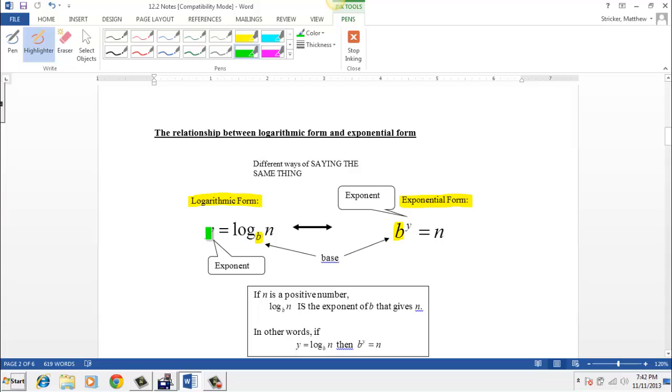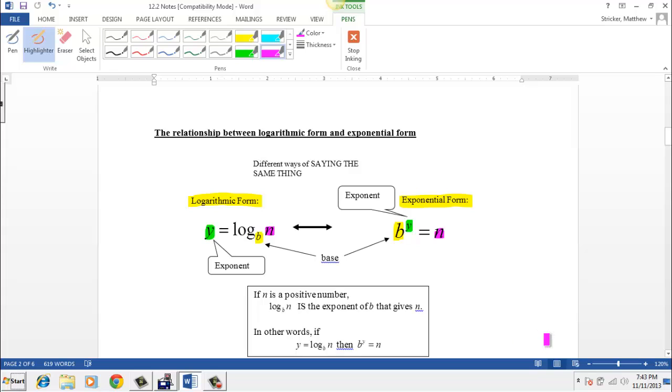Now in logarithmic form, the power is over here on the other side of the equal sign from the log. In exponential form, the power is what we raise our base to get our number. And the argument of the log, what we're taking the log of, goes to the other side of the equal sign in exponential form.